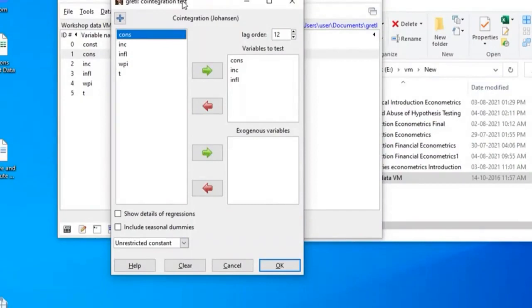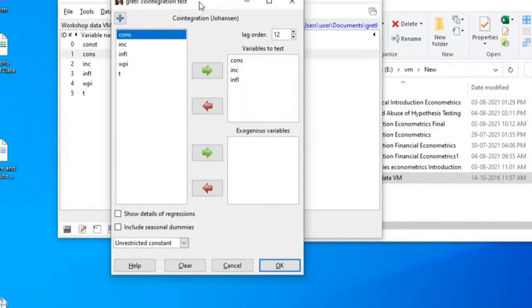Now remember, don't go for the Engle-Granger test. Even if you have only two variables, go for the JJ test, because the other one is an OLS test. The JJ test is a maximum likelihood test, and that is more reliable than the other one. So it is better we do the JJ test.